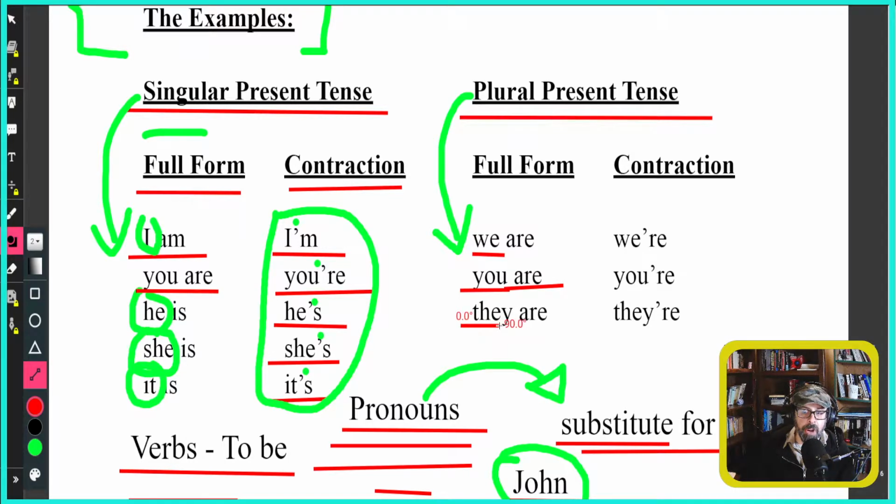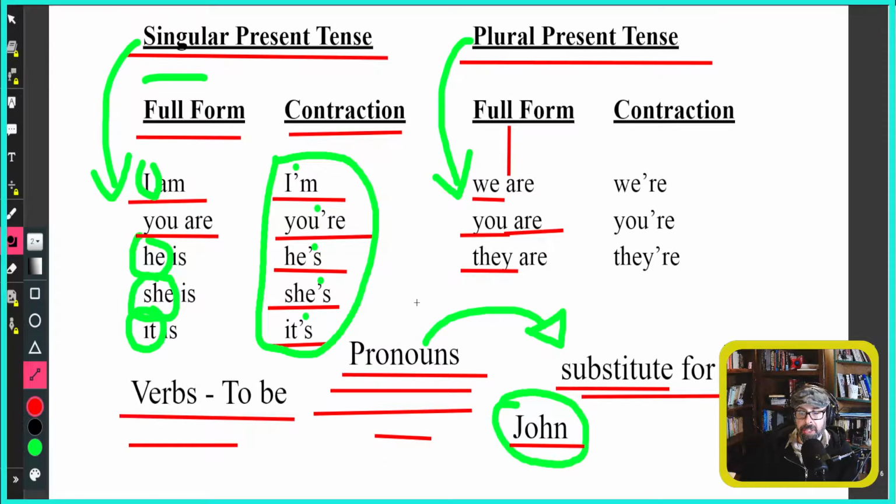And then we see the pronoun they. We are, you are, they are. So that is full form. Plural: we, you, they. We, you, they, pronouns.